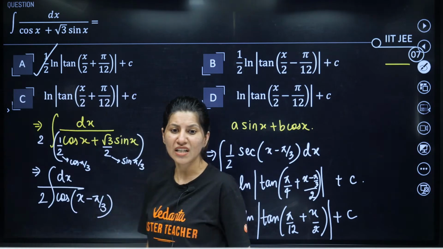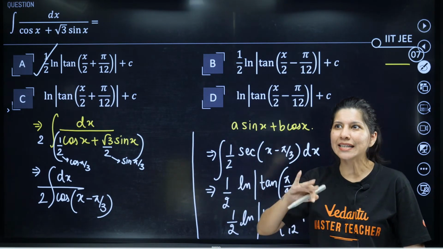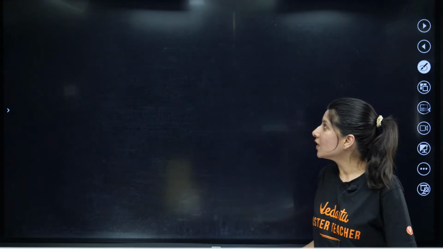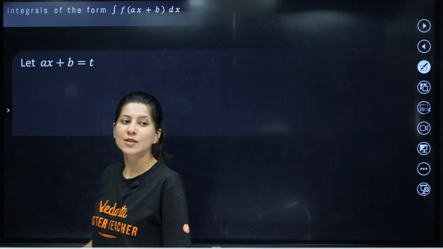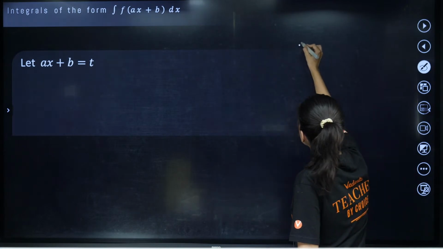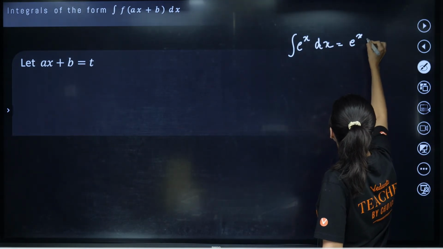Now, the same integrals which we have studied, x raised to power n, e raised to power x, what will happen if x is converted into a form ax plus b? Suppose you have the integration of e raised to power x, you all know this is e raised to power x.